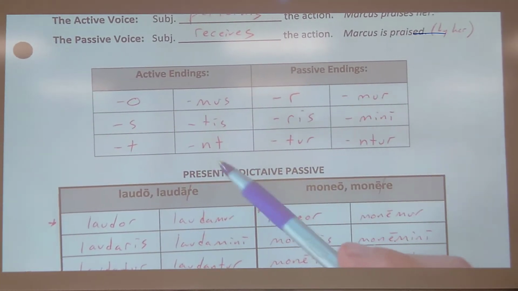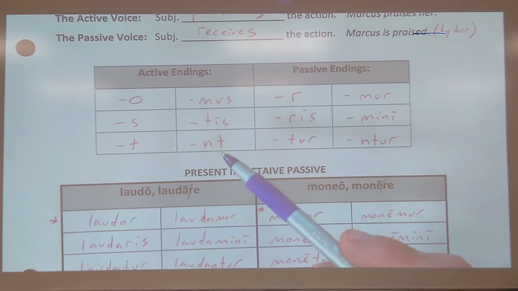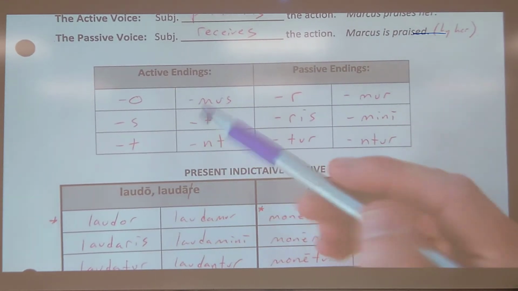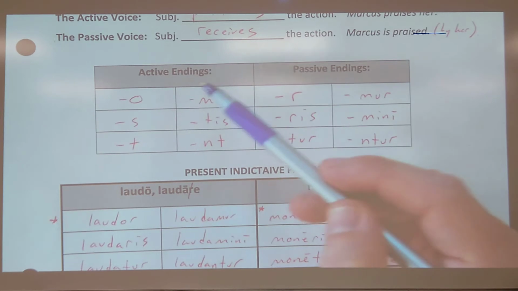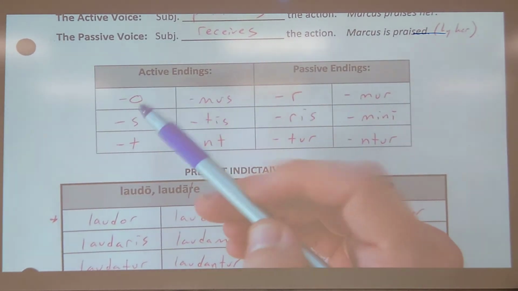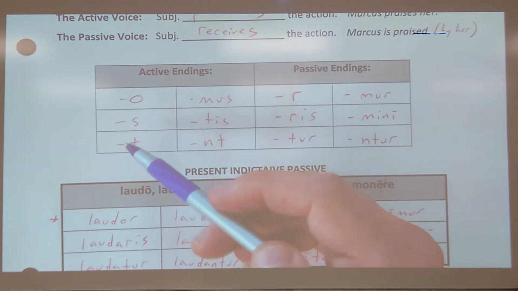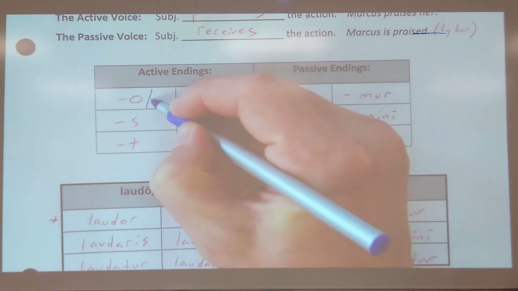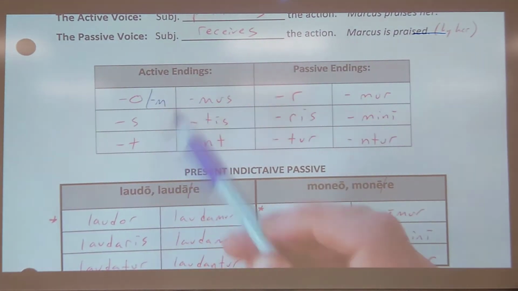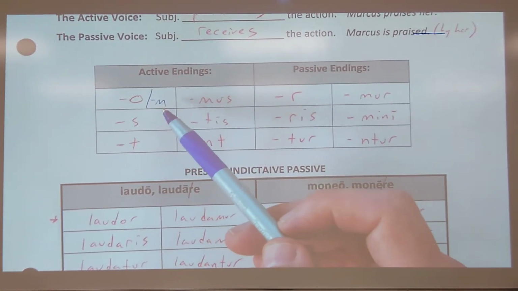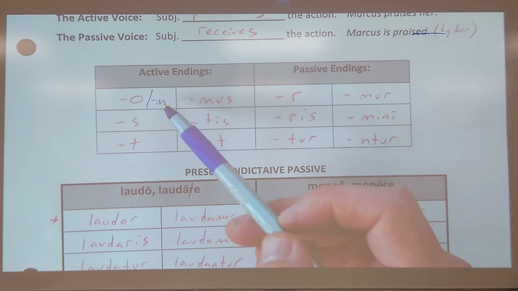The reason is that for all the verbs in the present system, so present, imperfect, future, the endings themselves are all pretty much the same. It's just that you add some extra letters for the future and for the imperfect. In fact, we can also put an M here for the active endings for first person singular, because as you need to remember, in the imperfect that M shows up.